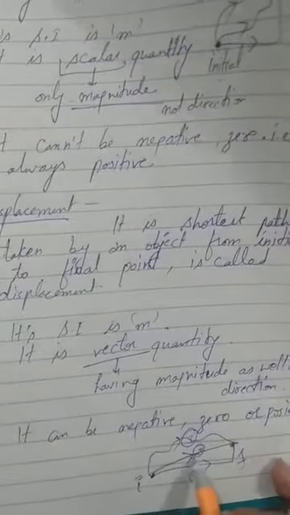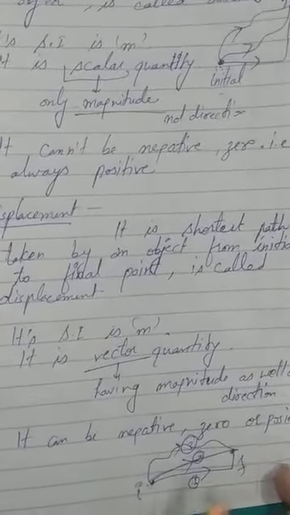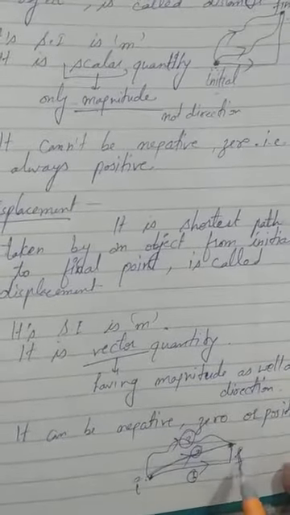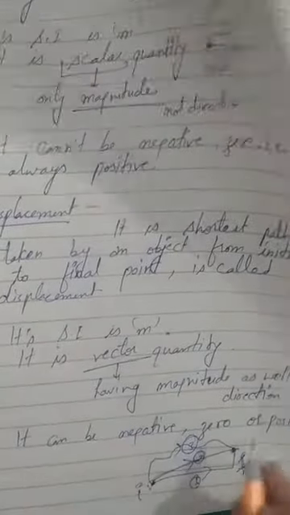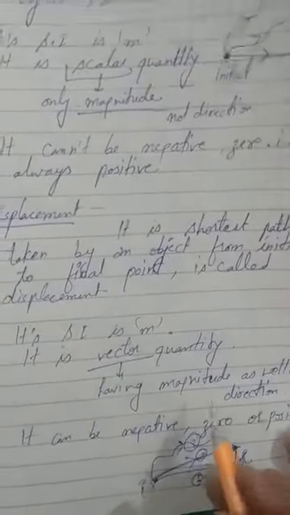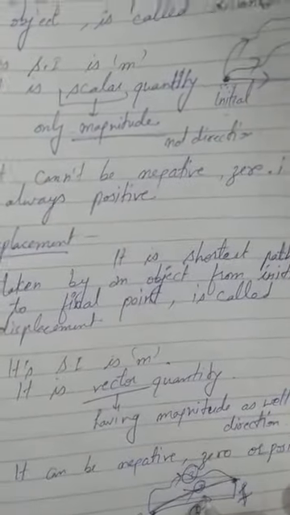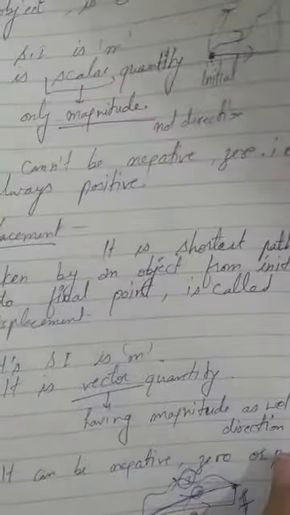Everyone can see that the second path is the shortest path to travel from initial to final point. Final means destination or end point, and initial means starting point. So displacement will be our second path. Clear? And it is a vector quantity because we can find direction as well as magnitude.